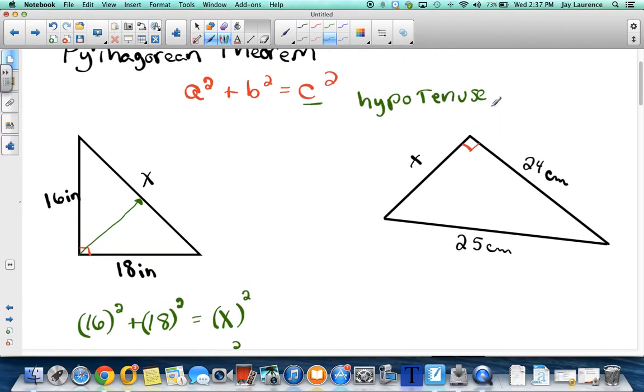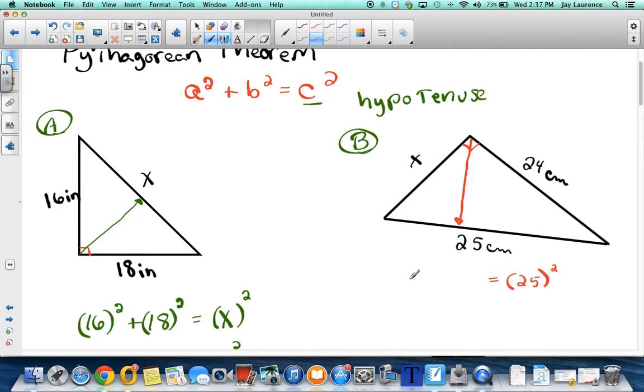Okay, to do this problem here, we'll call it B. Tell you what, why don't you pause the video and see if you can do it yourself. All right, if you've unpaused the video, I'm assuming you've already tried on your own. Please don't let it just play. Do your best. And I'm going to draw a ray from the right angle to identify C. Looks like C is 25, so I'm going to do 25 squared.